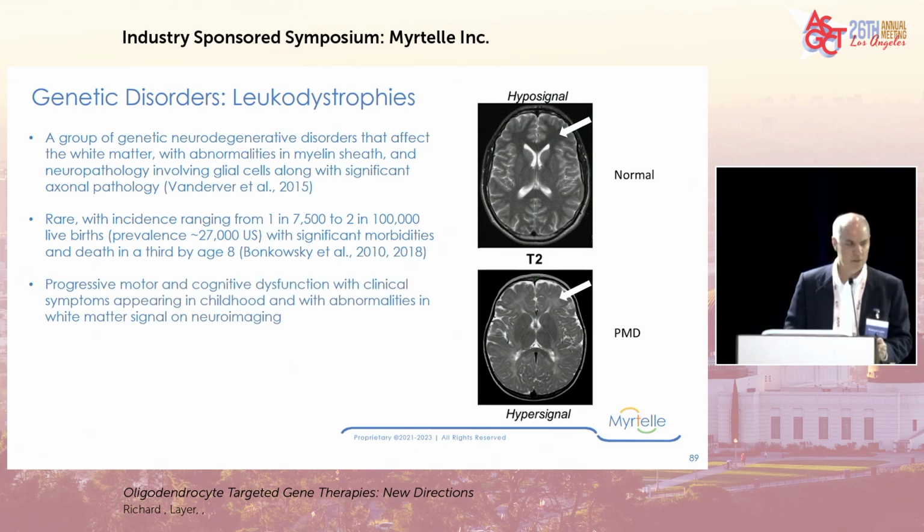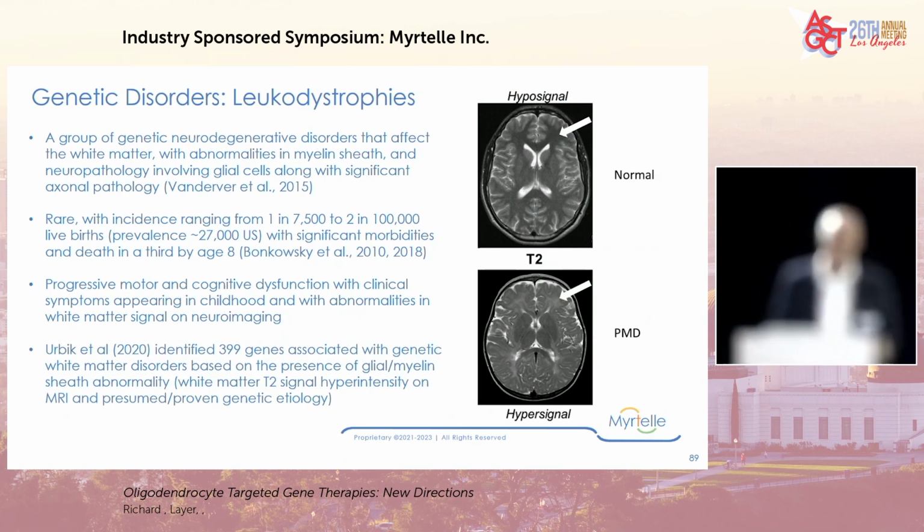They're characterized by progressive motor and cognitive dysfunction, with clinical symptoms appearing early in childhood, and abnormalities in white matter signal on neuroimaging. For example, this is an MRI from a 5-year-old boy with Pelizaeus-Merzbacher disease, and you can see here the hyperintensity on T2 that's not seen in the age-matched normal control.